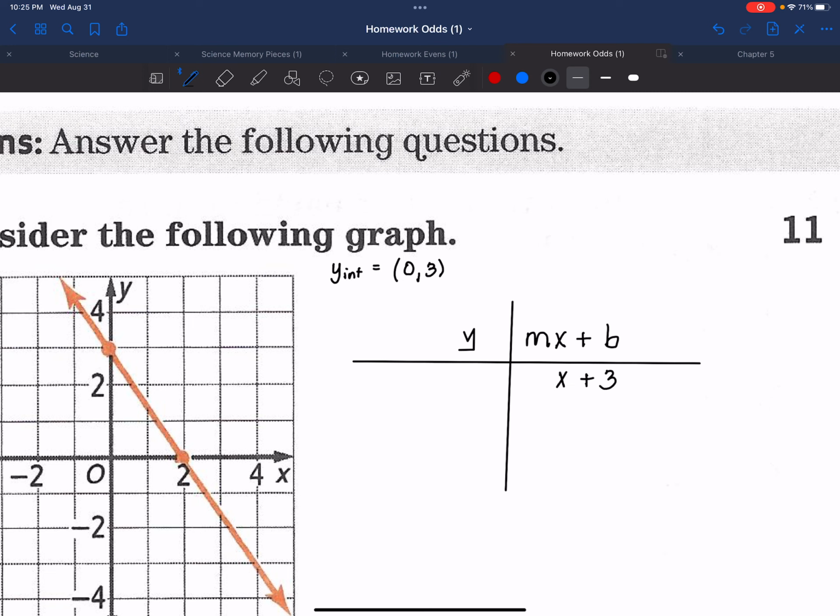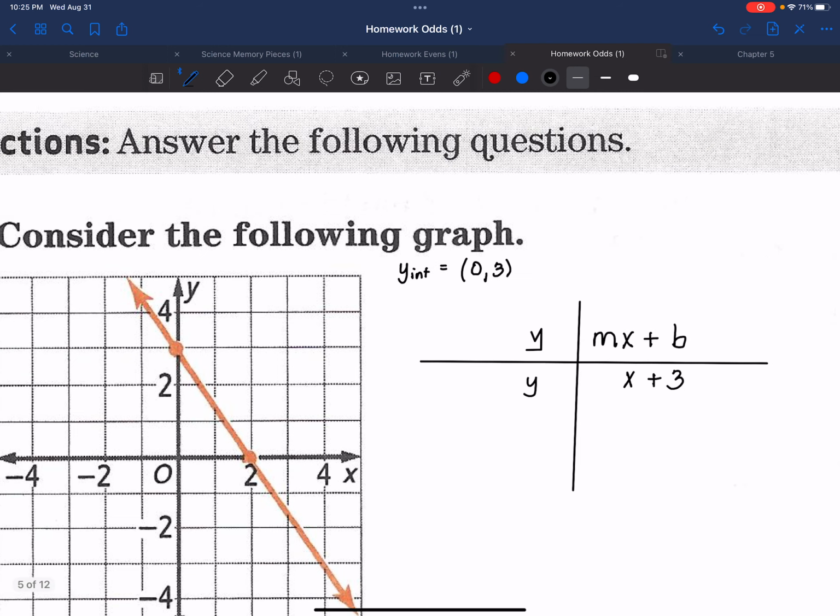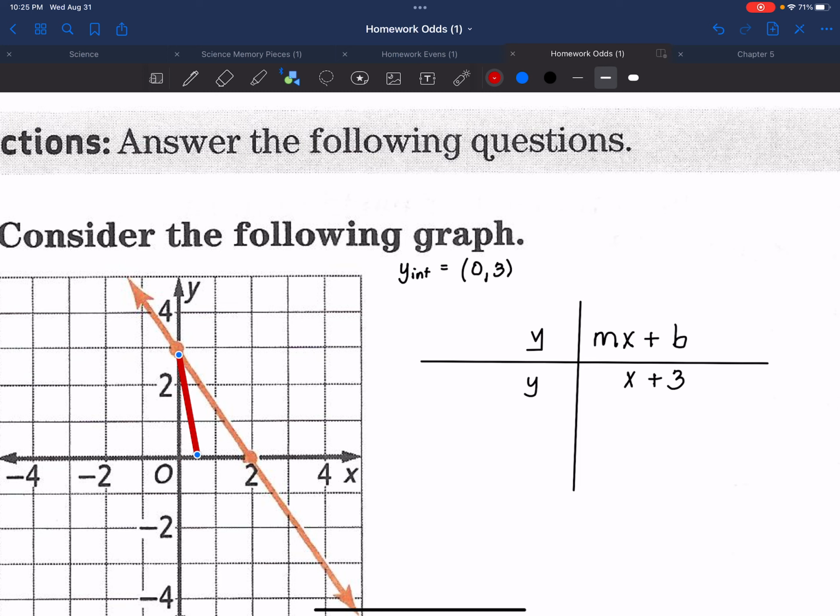The x will stay in there, as will the y. Now we need to get the slope, and we can do that by using rise over run this time, because it's very clear that for every 3 I rise, I run 2.